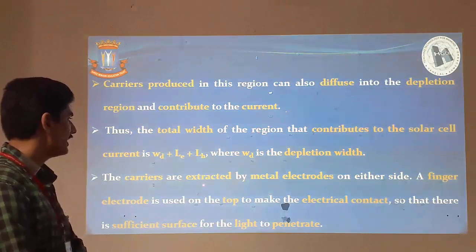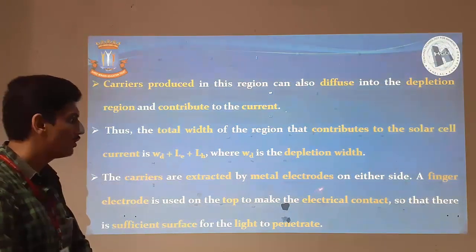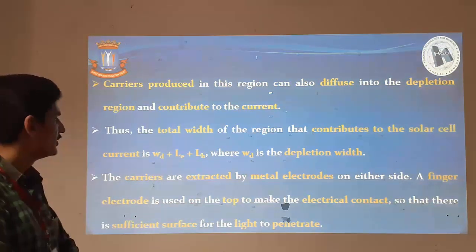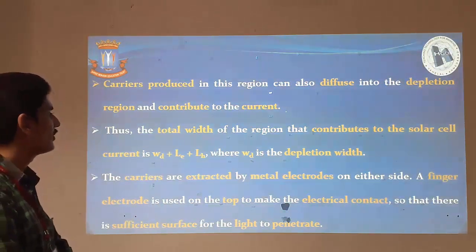The carriers are extracted by metal electrodes on the other side. A finger electrode is used on the top to make the electrical contact.